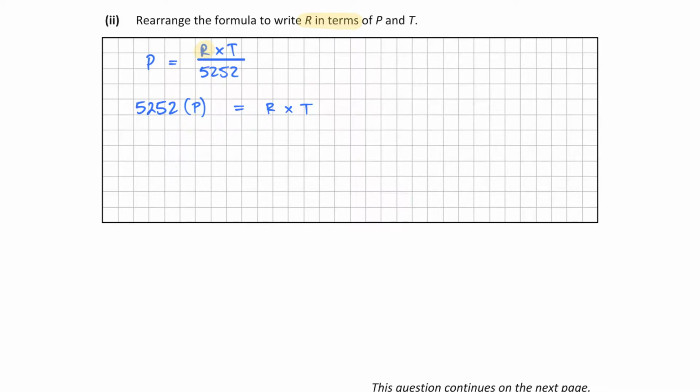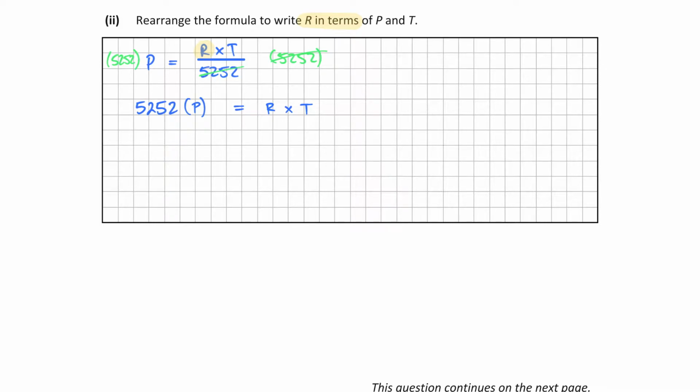Okay. Now, just for anyone that's not sure what actually happened there, I multiplied the left-hand side by 5,252, as you can see, and I multiplied the right-hand side by 5,252, and you'll notice that these will cancel, and I'm just left with R times T. Now, the question asks us to get R by itself.